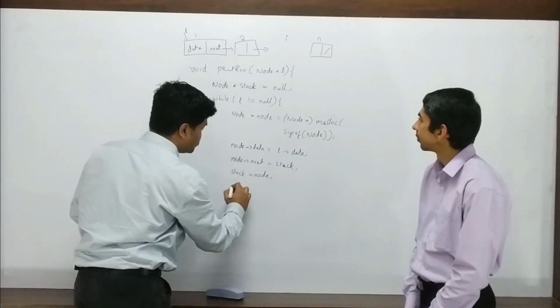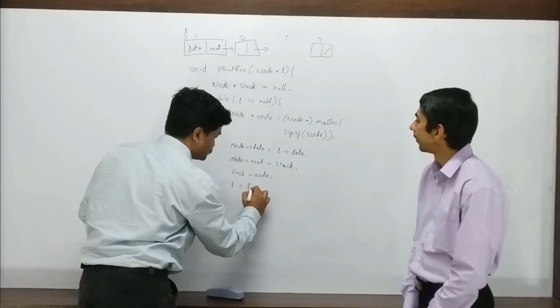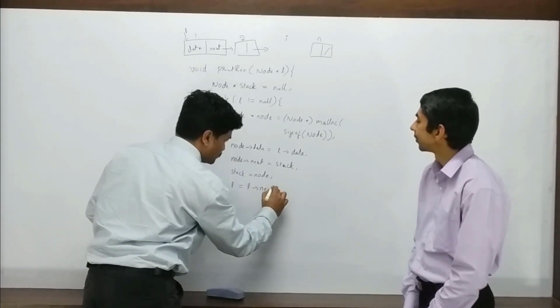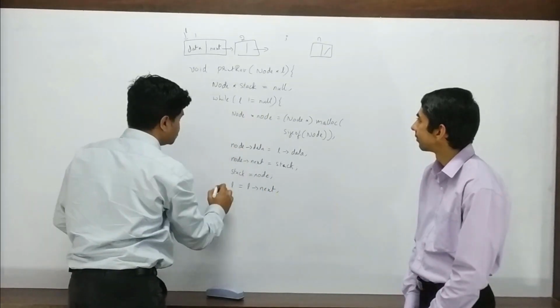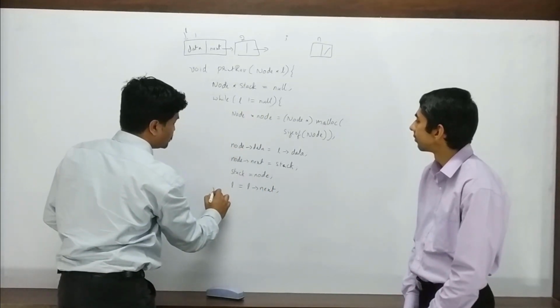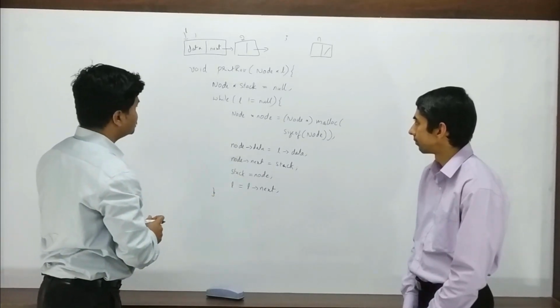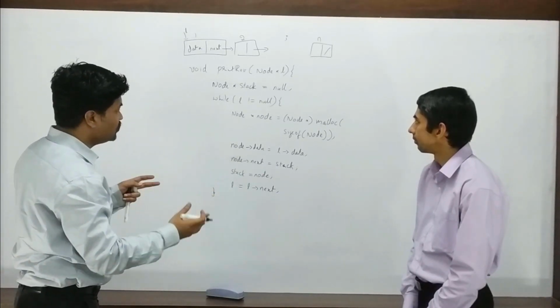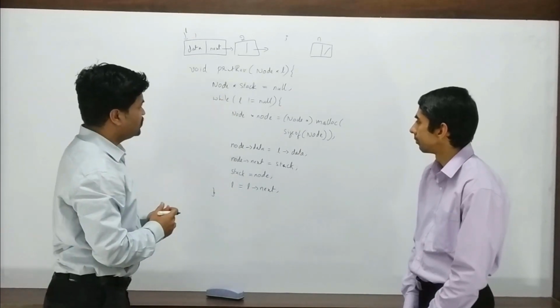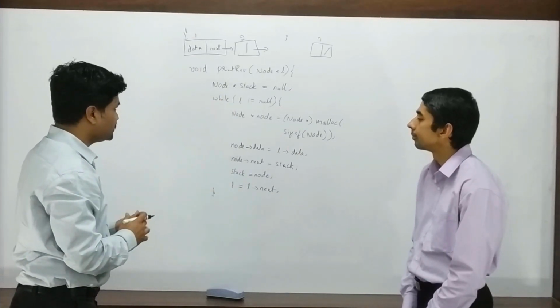Then L is going to point to the next node. And as long as L is not null, we keep copying the contents of L and inserting into the stack. So this basically created a new list in stack, which is a linked list essentially.